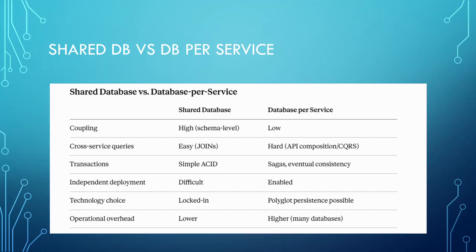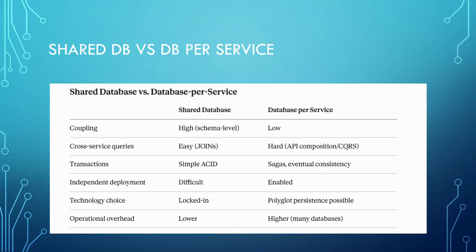For cross-service queries, if we are using many joins in the monolith and want to follow the same, we can go for a shared database, and it is easy to convert from monolith to microservices. Whereas cross-service queries such as heavy joins are hard with database per service.